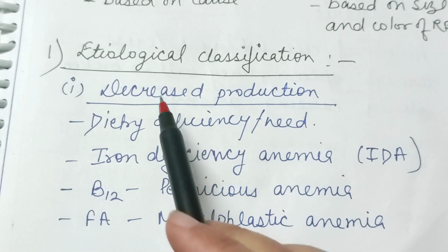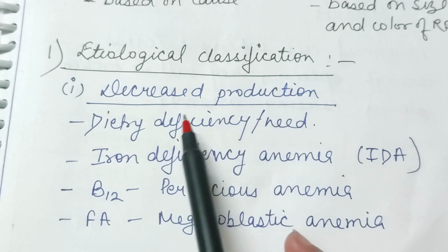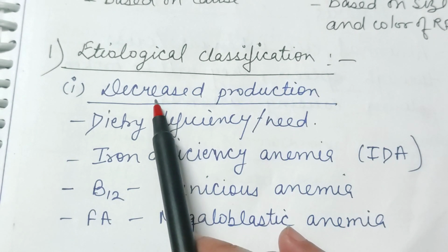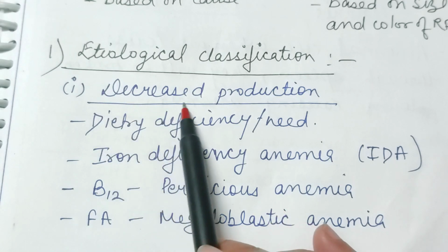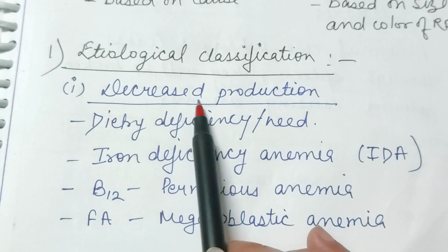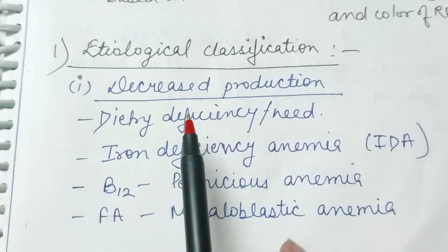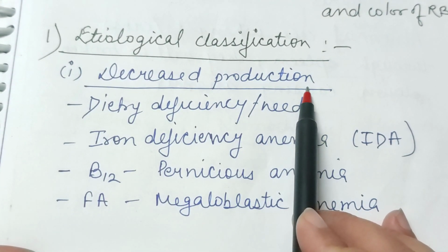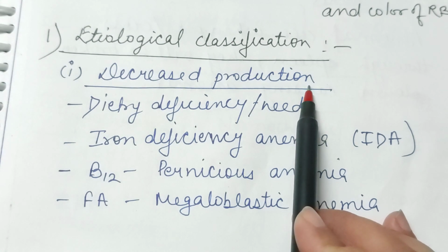First of all, let's see etiological classification. Etiology means based on cause, right? The causes can affect the production of RBCs. Whatever things we need for production, if those are sufficient, then there will not be any anemia.